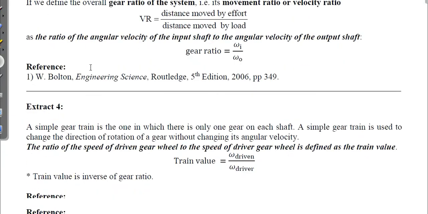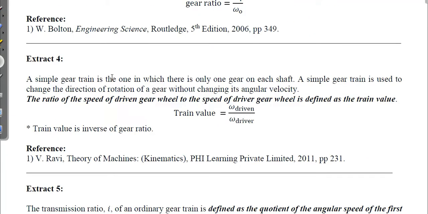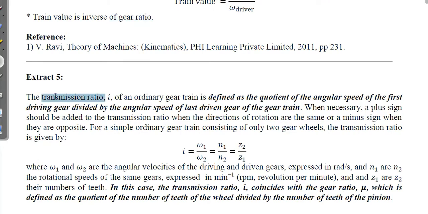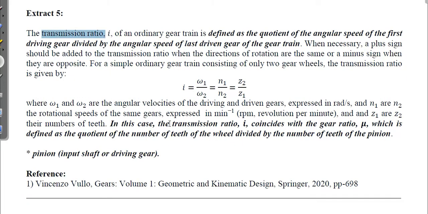Okay. So there are many extracts which I have given. Here it is using a new term, that is train value, as driven upon driver, which is written as the inverse of gear ratio. Okay, train value. Another term used is transmission ratio. For this author, transmission ratio and gear ratio are the same. Here it is defining gear ratio in number of teeth and transmission ratio as angular velocity, driving upon driven.